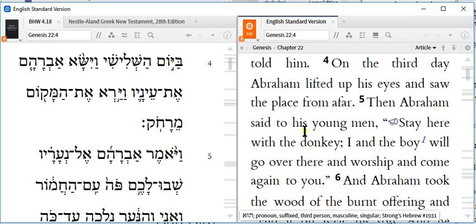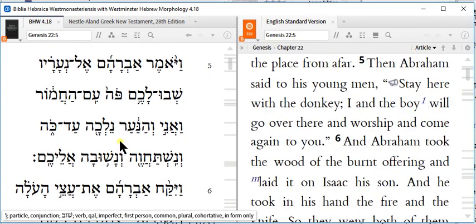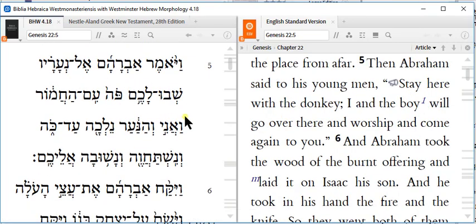But anyhow, so Abram, early in the morning, saddles up everything, and they go. And it says here on the third day, verse 4, Abraham lifted up his eyes and saw the place from afar. Verse 5, then Abraham said to his young men, and this is what I want to point out to you, shevu lachem po, sit or stay, you guys, here, im hachamor, with the donkey, va'ani, what's that?